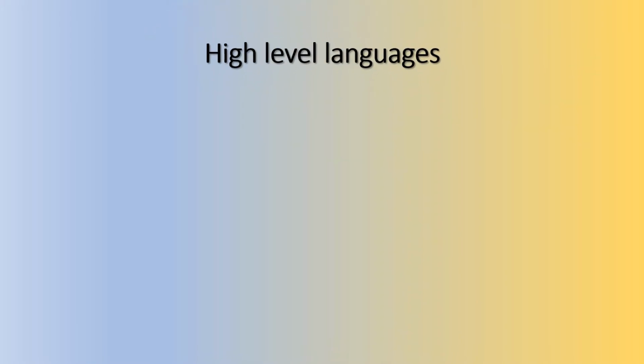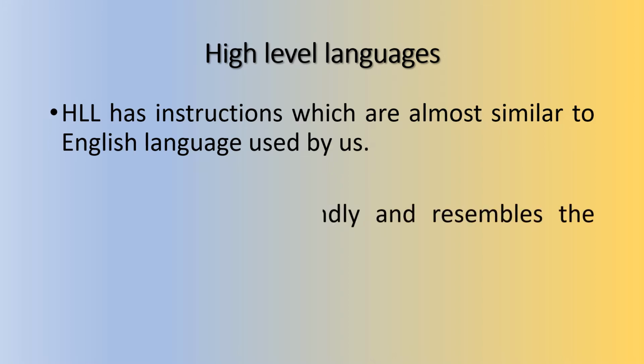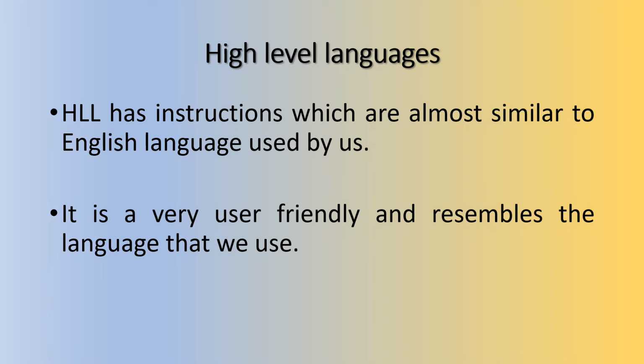High level languages, which we also call HLL, has instructions which are almost similar to the English language used by us. So we can give the instruction in our own language. It is very user friendly and resembles the language that we use.